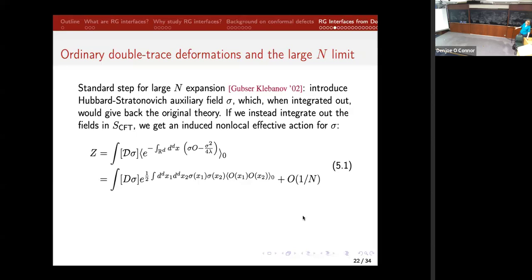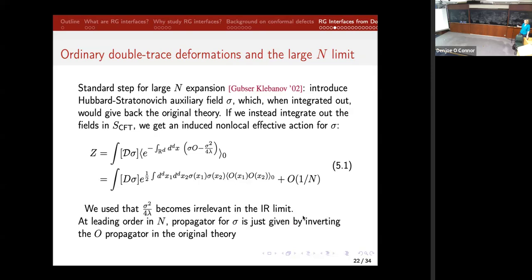That's the ordinary large N case. You'll notice we dropped the sigma squared over 4 lambda term because it becomes irrelevant in the IR limit, which is what we're interested in. At leading order in N, the propagator for sigma is just given by inverting the O propagator in the original theory.